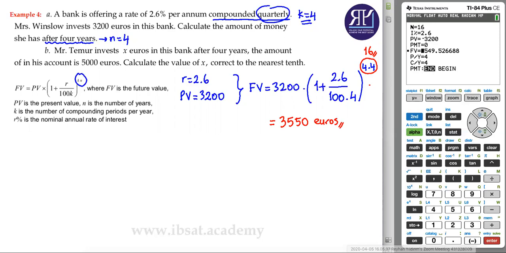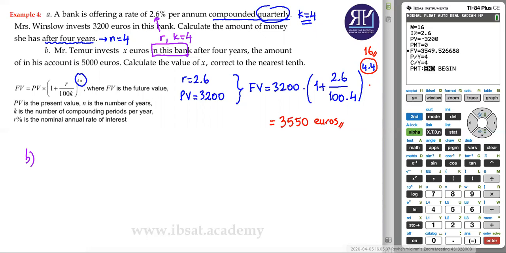For the same bank, there is an extra question here, choice B. Mr. Temur invests X euros in this bank. In this bank means that the rate and the quarterly compounding will be the same. R is 2.6 as well.